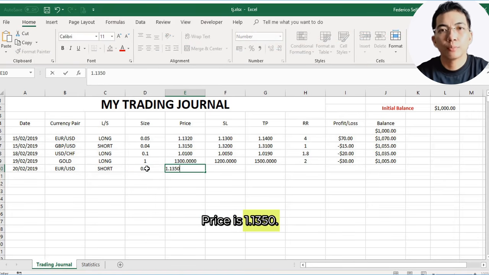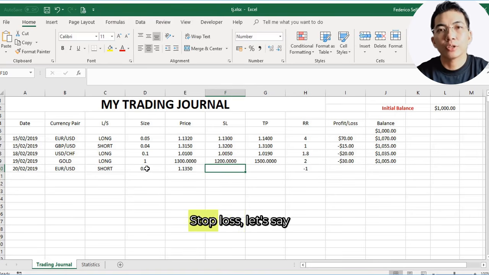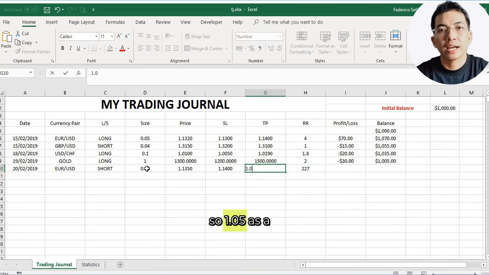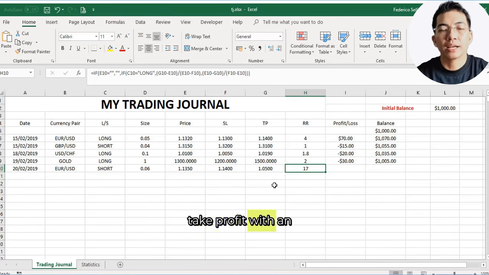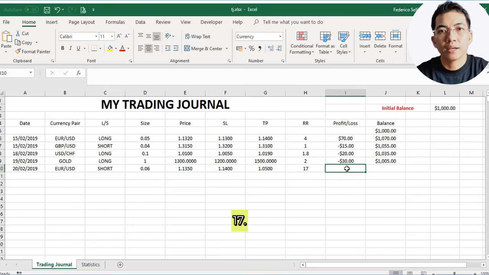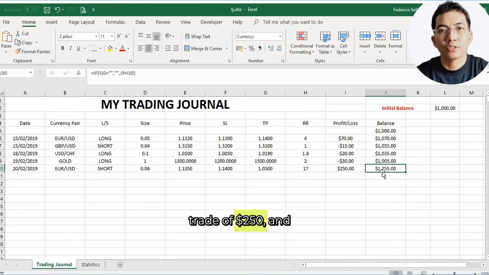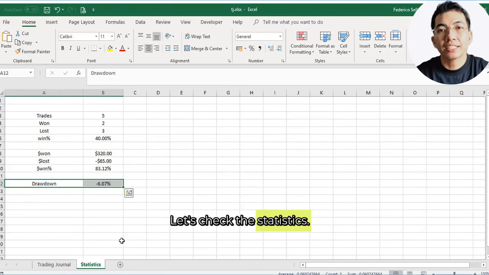Price is 1.1350, stop loss let's say 1.14, and take profit, let's say that we have a long-term position, so 1.05 as a take profit, with an amazing risk to reward ratio of 1 to 17. We have a very good profit for this trade of $250, and we end up with a nice profit after 5 trades. Let's check the statistics.